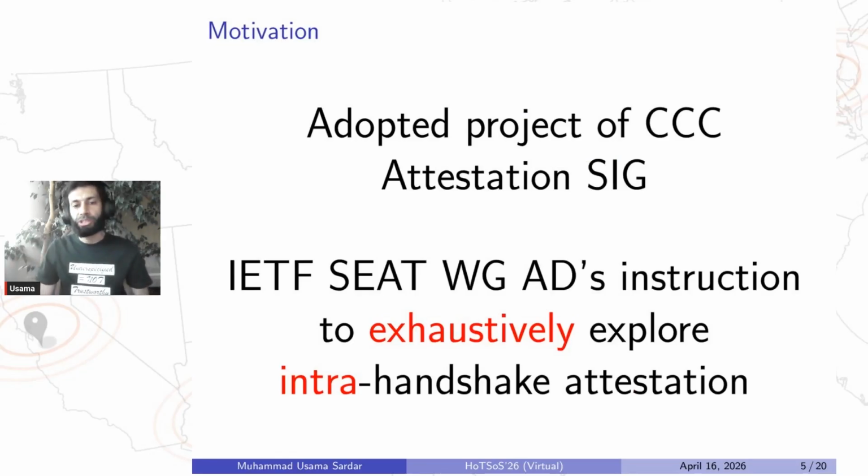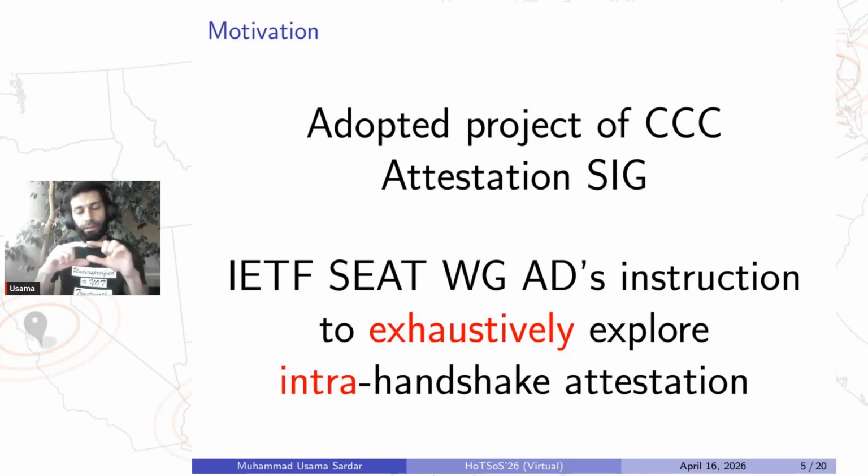With that, the motivation for this specific work: as I mentioned, this project is an adopted project of the Confidential Computing Consortium Attestation Special Interest Group. In addition, from the IETF perspective, the second motivation was that the area director asked us to exhaustively explore all the intra-handshake options, because my understanding is that he didn't want it to be changed for each and every application.